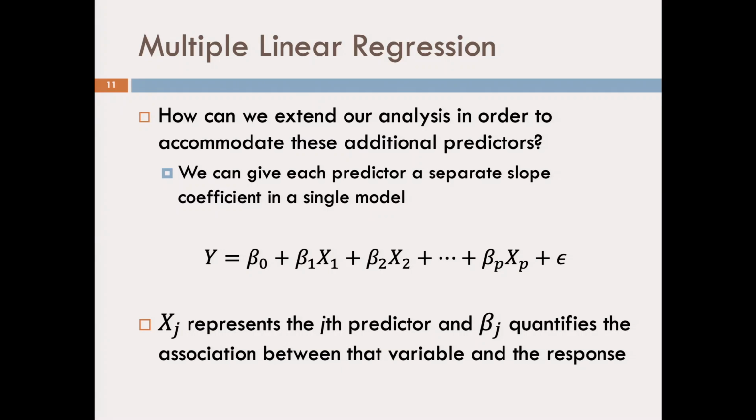X represents the given predictor, and we have a beta that quantifies the association of that predictor with the response variable that we want, y.